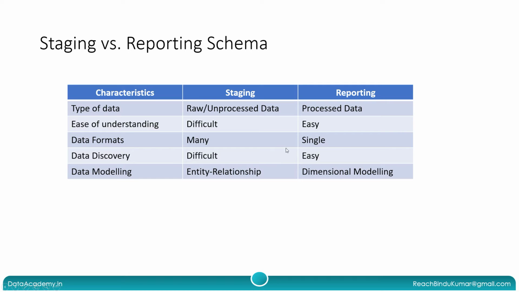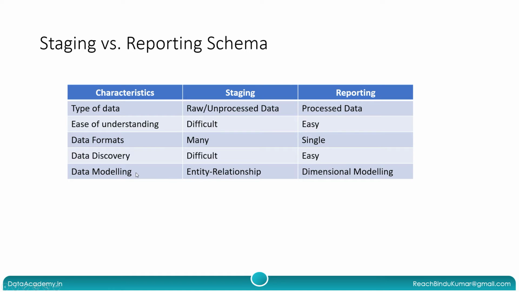Whereas in the reporting layer, all that is normalized into a single format, one format that is suitable for all your needs and easy to understand. Doing data discovery is difficult because of all the other reasons, which are ease of understanding and data format. Hence, data discovery is often difficult in the staging layer, but in the reporting layer, it is easier.